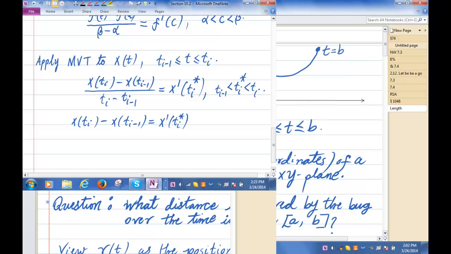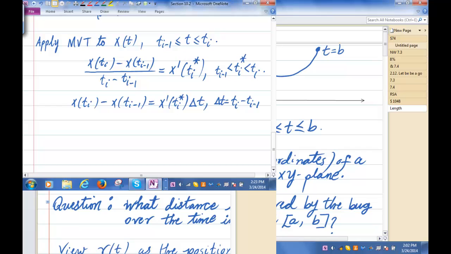I'm going to call that delta t. So I'm just assuming that we divided the interval from a to b into equal subintervals.